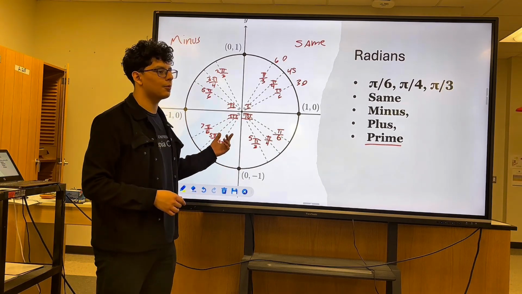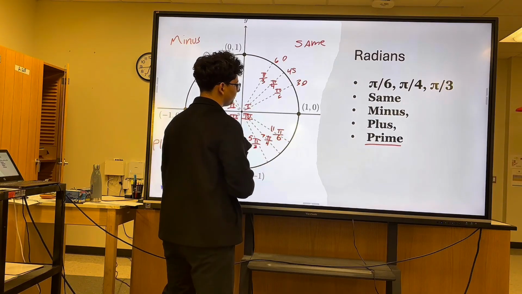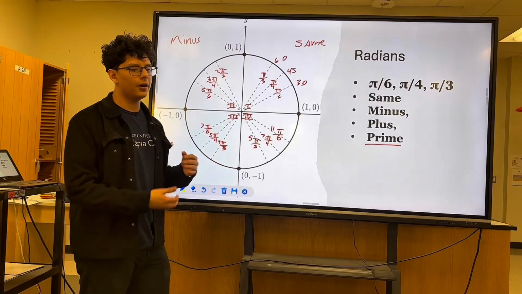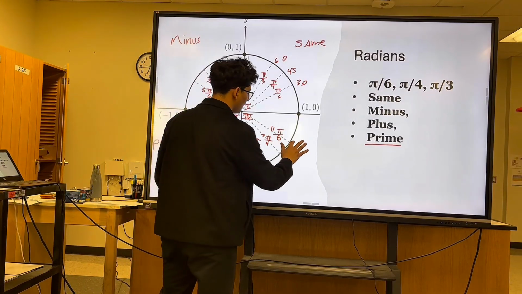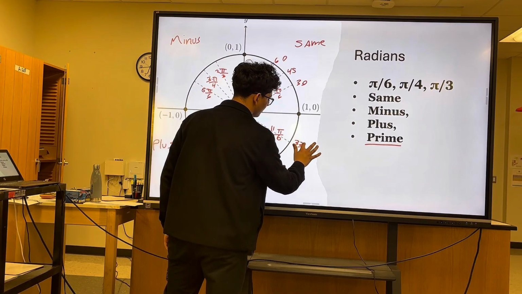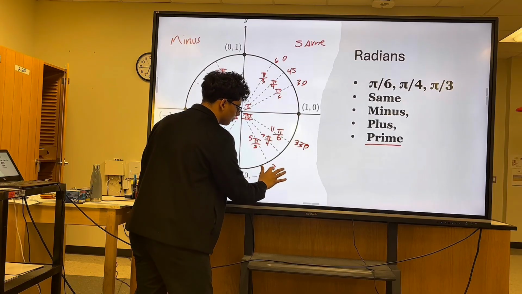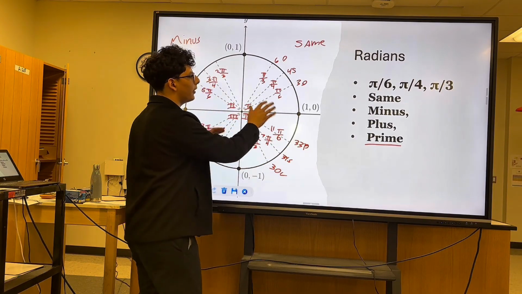So the next number will be 7, and lastly, 11. Like I stated before, all of these angles are equal to their degrees. So 11 would be 330. This radian will be equal to 300, same as 315, and so on.